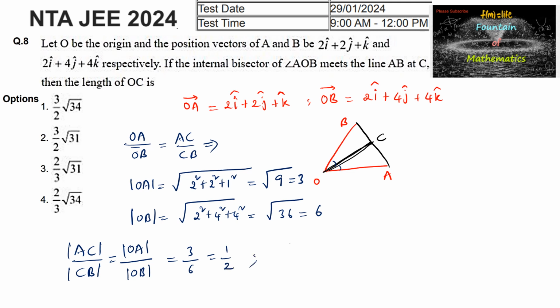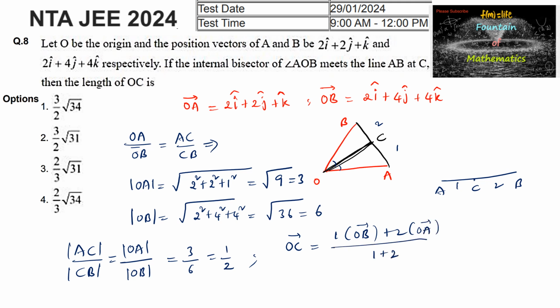So the point C, OC vector, we can write it as, so here it is one part and two parts. So we can write the position vector of C as 1 times OB vector plus 2 times OA vector divided by 1 plus 2, by using the section formula.